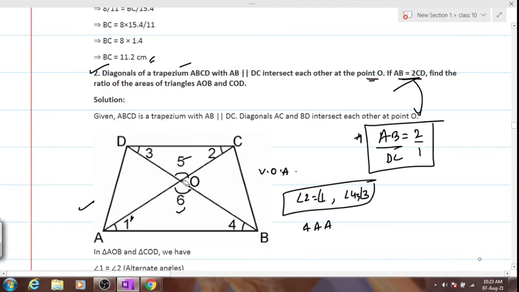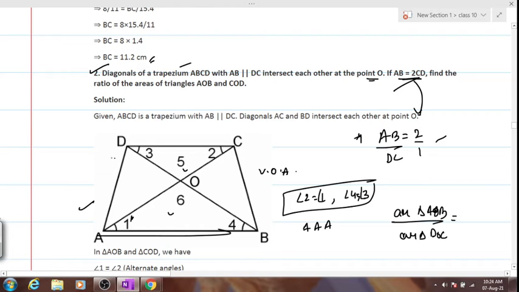Once they are similar to each other, can we say that area of triangle AOB divided by area of triangle DOC will be equal to how much? Any of the two corresponding sides, but here two corresponding sides have been given, so we'll choose AB and DC. So AB by DC whole square.